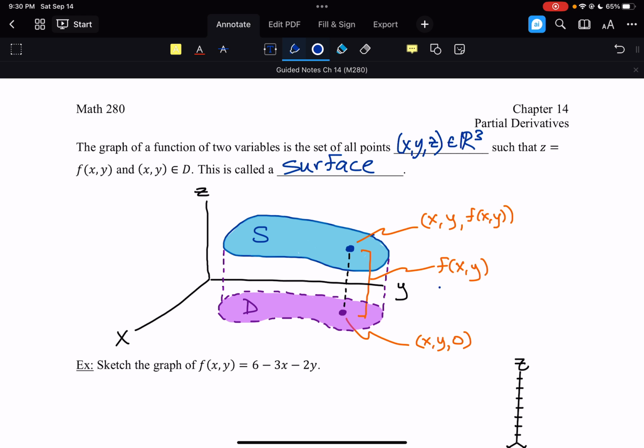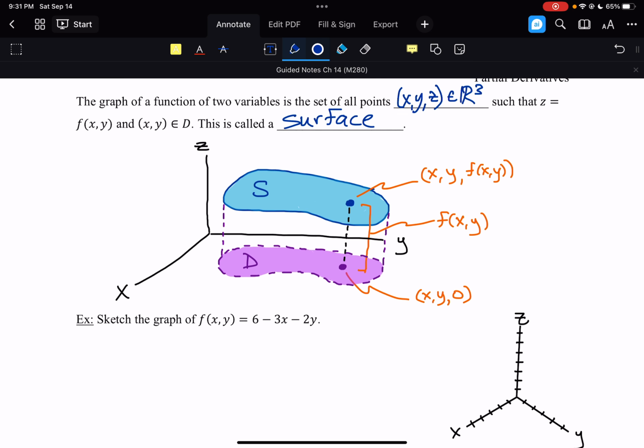We run them through the function, and in doing so, it gives them a height. And that height plots them right here on the surface. So that's x, y, f of xy, or xyz, if we go with that notation. So this is how surfaces are represented, using functions of two variables, okay, so two inputs, one output.